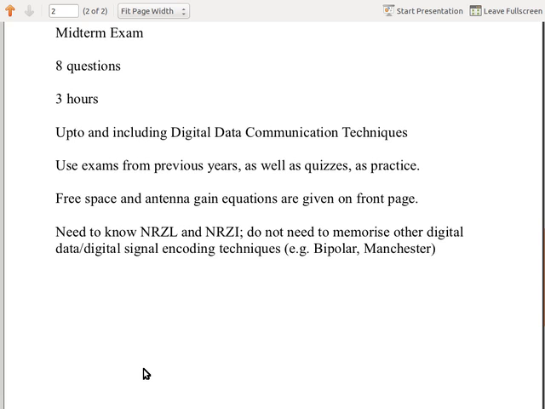You're going to use previous exams. Quizzes. Have a look at the previous year's exams on the website. So this document will be on the website, or in fact already is. Okay. We need to finish on digital data communication techniques.